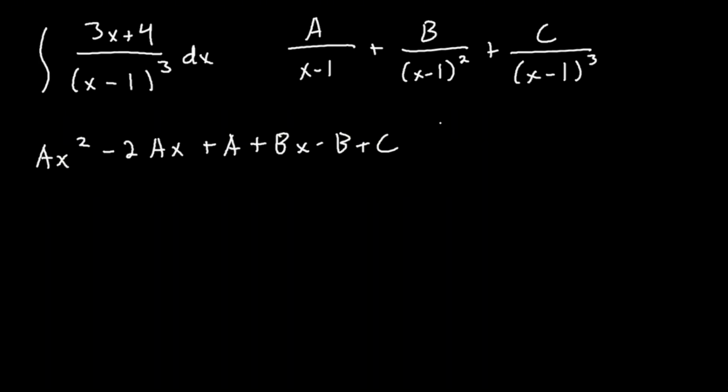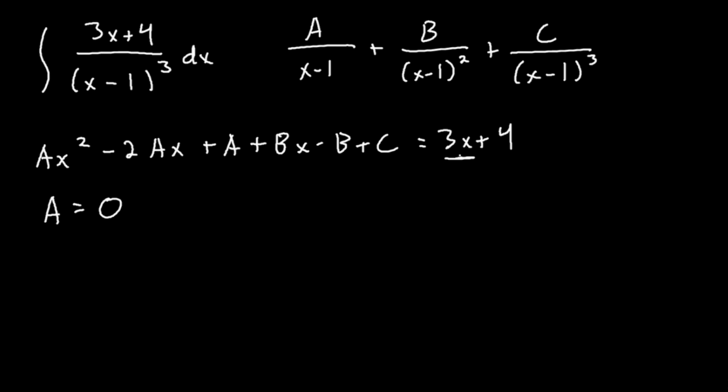This right here has to equal 3x plus 4. Right? The numerator of some fraction has to equal the numerator of the new algebraically manipulated fraction. So let's get this straight first. The only term that has x squared in it is a. But since the original function doesn't have any x squared values, ax squared is equal to 0, which means a is just simply equal to 0.